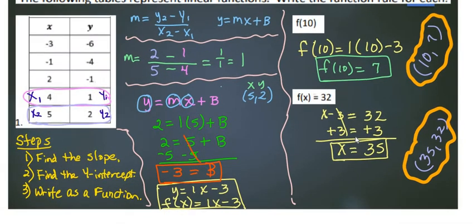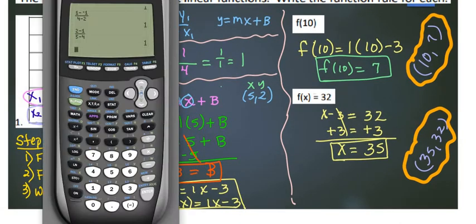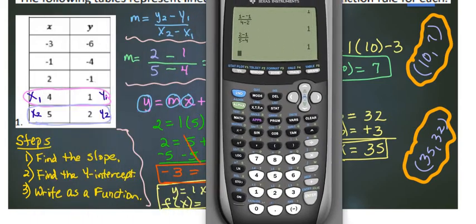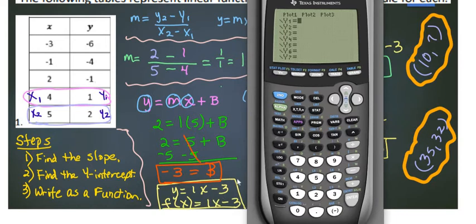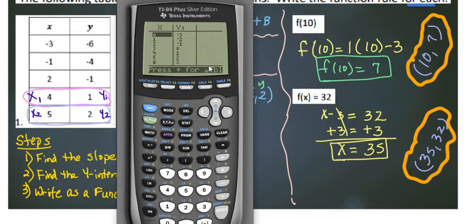I can go back and very easily check to see if this 1x minus 3, and you can put it as x minus 3 or 1x minus 3, is correct. I can go back and check my table, go to second and graph, and I'm going to check these points right here and see if this is the correct function.